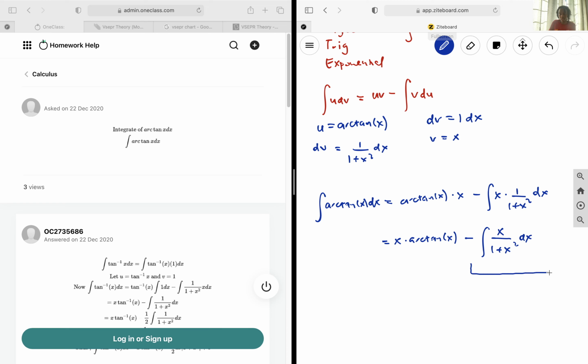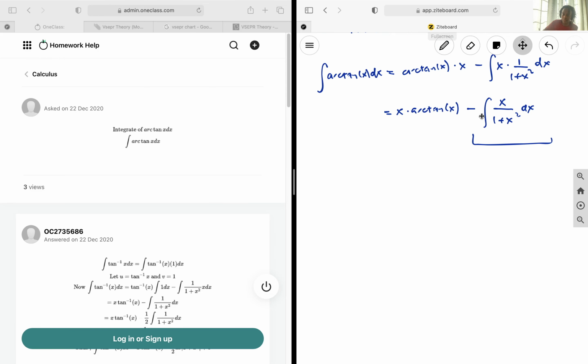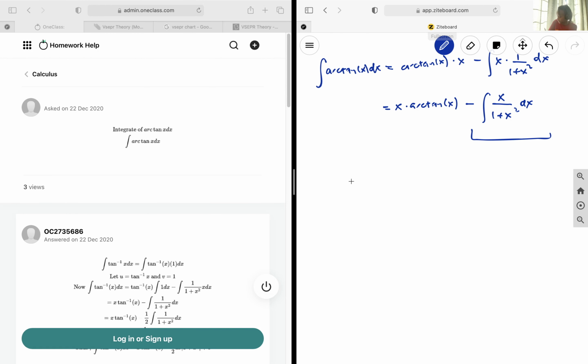So again, this is another integral that we're going to need to figure out. So let's go about doing that. And we get that if we set u as equal to 1 plus x squared, which means du over dx is equal to 2x. So dx is equal to du over 2x.